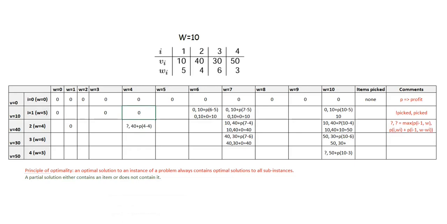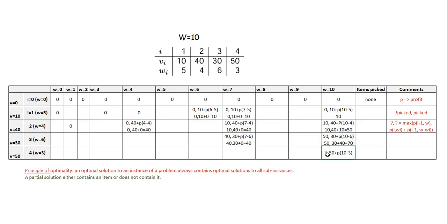So again we put 0 here. 0 or this particular value, 0 or 40 plus P4 minus 4, which is 0. So we have a value here which is 40. So now let's go back to this one, and instead of P10 minus 6, which is P4, we'll put 40. So this one gives us 70.